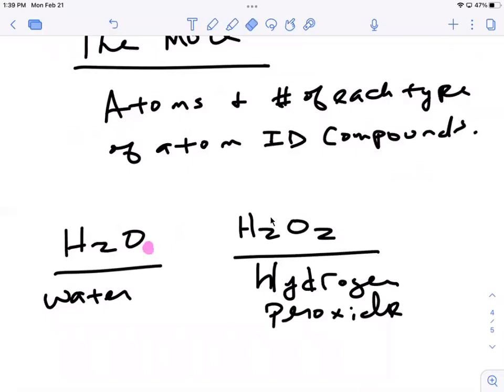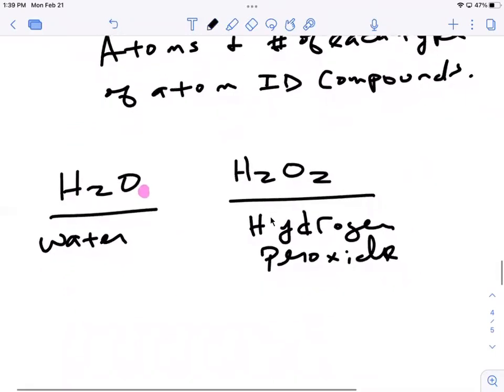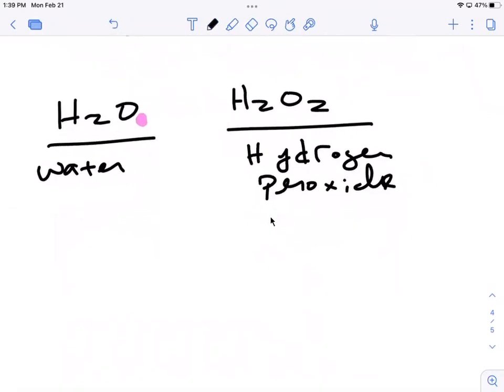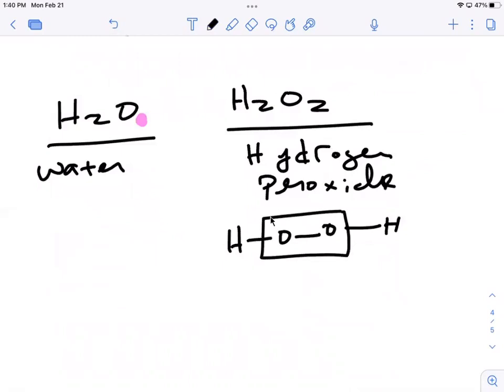Question? Go right ahead. Why is it called hydrogen peroxide and not just hydrogen oxide? Good question. So hydrogen peroxide, a peroxide, and this is the structure of it. It usually has one extra oxygen in it. And so like water is like this, H-O-H. See how it has one oxygen? So this is really dihydrogen oxide.